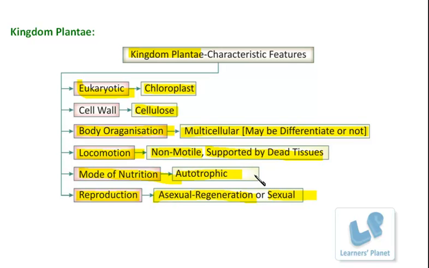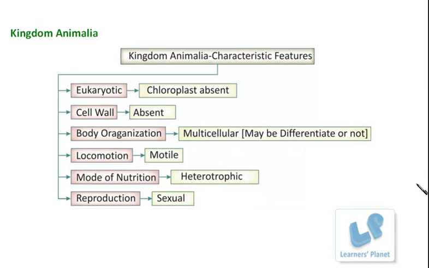Now let us discuss the next kingdom, that is Animalia. So the organisms that belong to kingdom Animalia have the following characteristic features. Number one, they are all made up of eukaryotic cells. Now the eukaryotic cells, I don't think there is a requirement to explain again what it is. Fine.